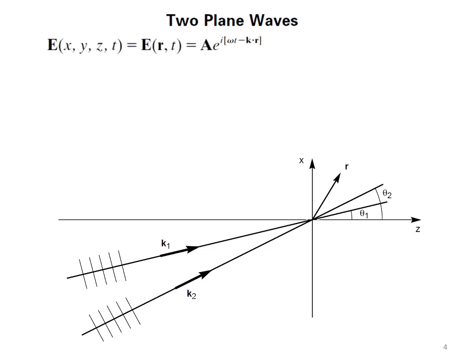Now, since the two waves are plane waves, and we know how to write down the electric field component for a plane wave, this is given by this expression, where A is the amplitude, that is a constant thing in case of a plane wave, and if it is a spherical wave, then it will be A upon R. So since we are dealing with two plane waves, the electric field component can be written like this, and this is general.